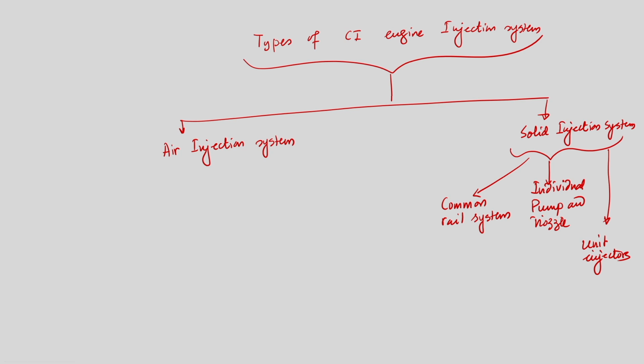So, these two important types are available, air injection system and solid injection system, but the air injection system is not used, but the solid injection system is used, and the solid injection system can be classified into three subcategories: common rail system, then individual pump and nozzle, and finally unit injectors.